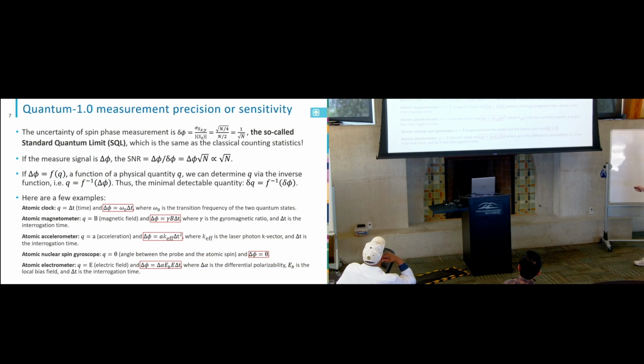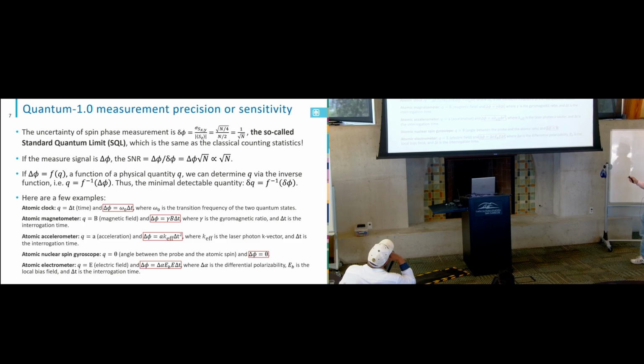Okay, so we talk about the measurement of phase. The uncertainty is what's limiting us in terms of measurement precision, right? I use this small delta phi to denote the uncertainty of the phase measurement, and that can be written as the deviation of whatever spin projection quantity, like Sx or Sy, divided by the amplitude of the spin, Sz.